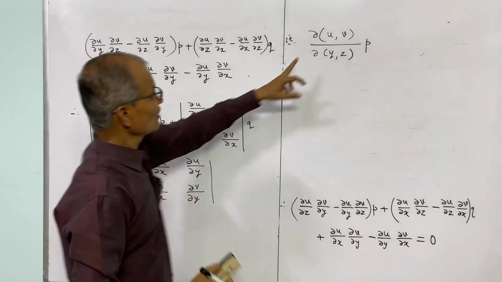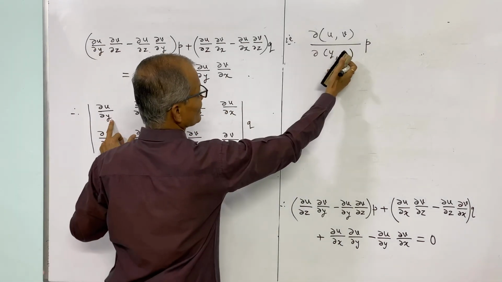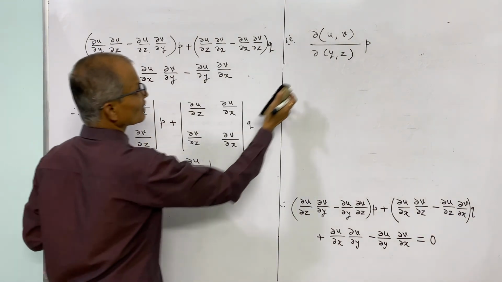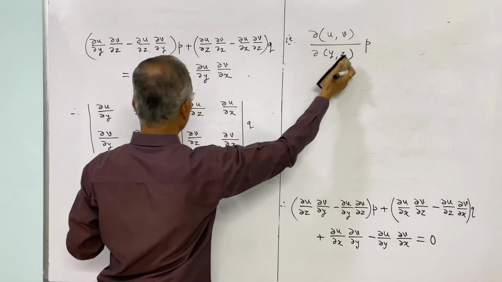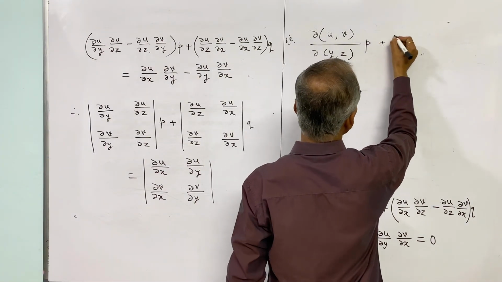The first row is dou u by dou y, dou u by dou z, and the second row is dou v by dou y, dou v by dou z.